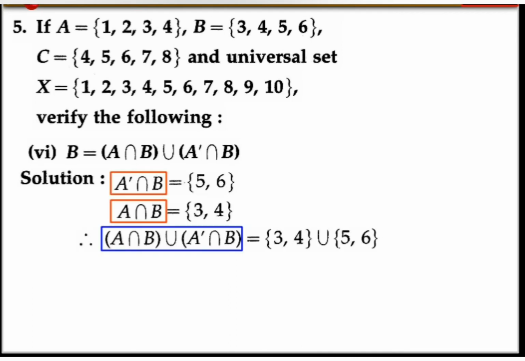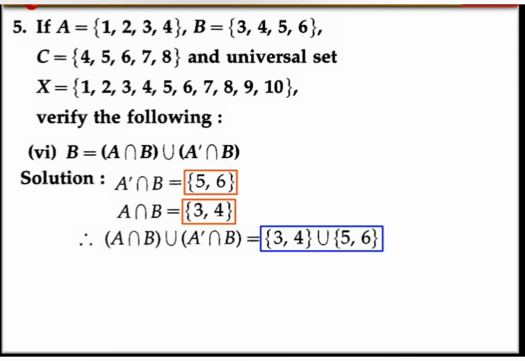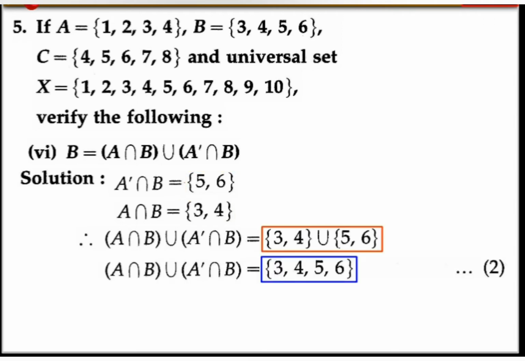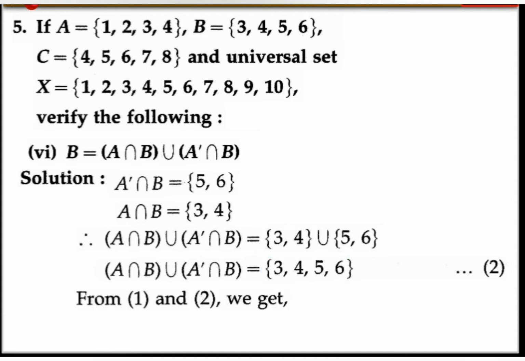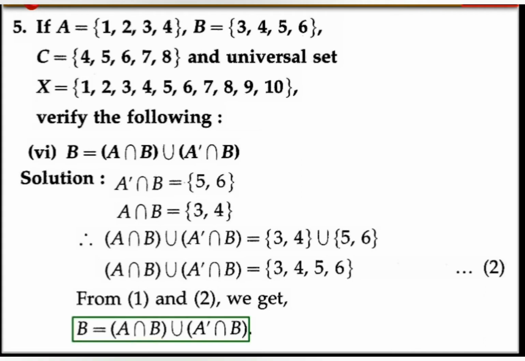Therefore, A intersection B union A complement intersection B is equal to set of 3, 4 union set of 5, 6. That is set of 3, 4, 5, 6. Let us put it as 2. Now from 1 and 2 we get B is equal to A intersection B union A complement intersection B.